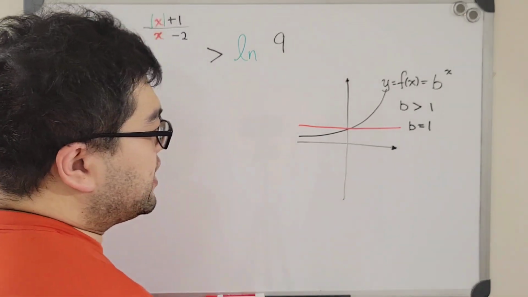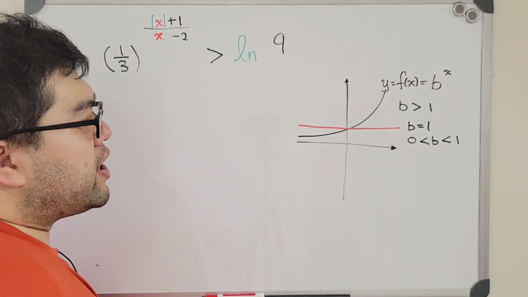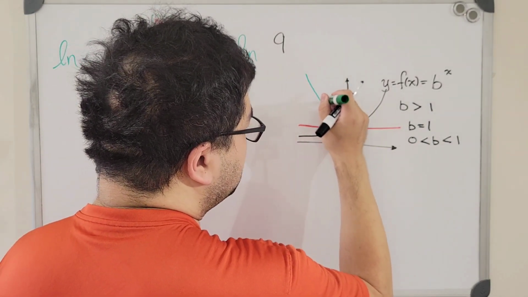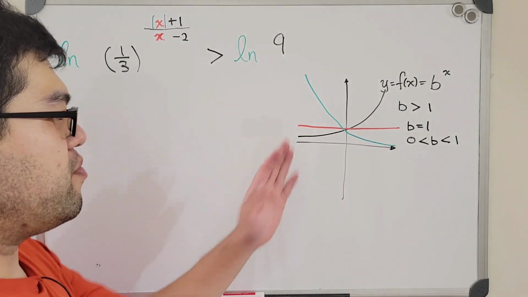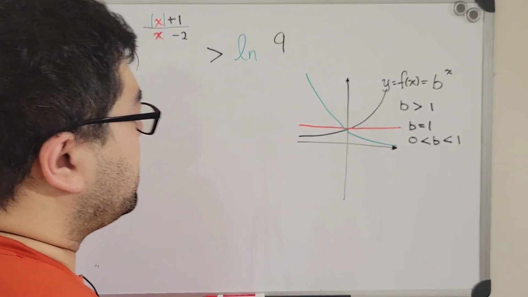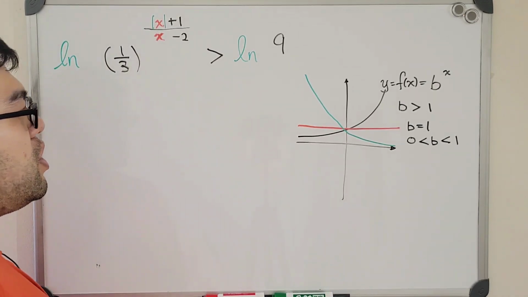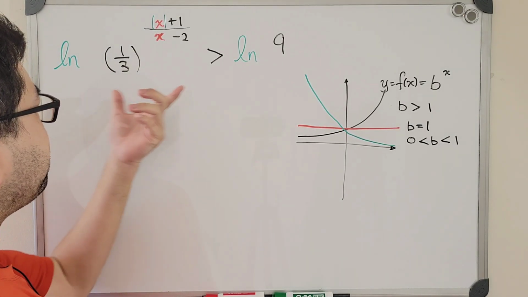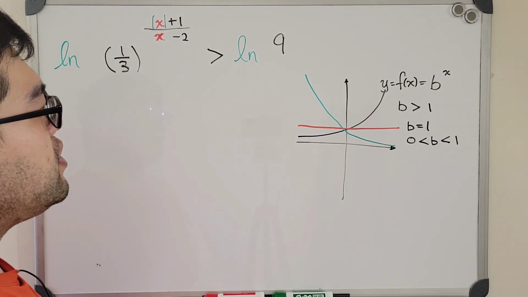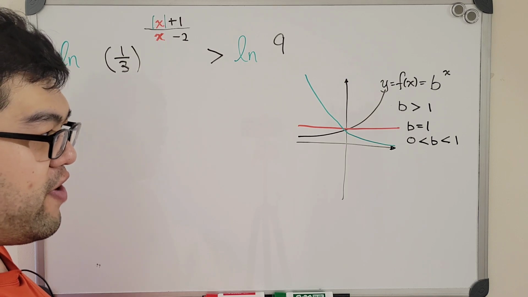And if b is between 0 and 1, the graph of the function goes from top to bottom, meaning we have a mirror image of the graph where b is greater than 1. Then, in order not to change the sign of the inequality, we need to guarantee ourselves to multiply or divide by a positive value.